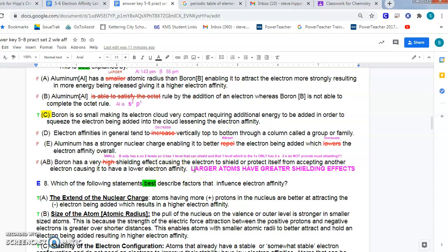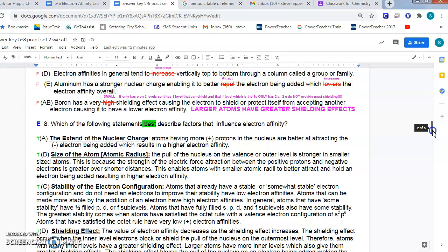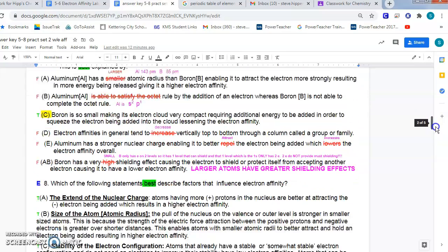But boron has such a low shielding effect it's not even going to come into play, it's not going to ruin that affinity at all. Larger atoms have a greater shielding effect.